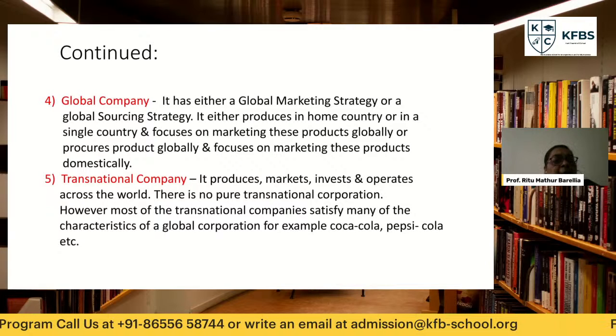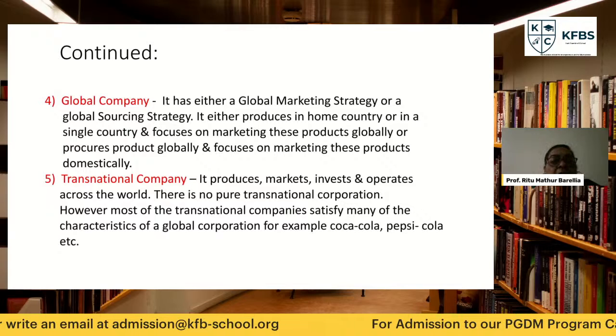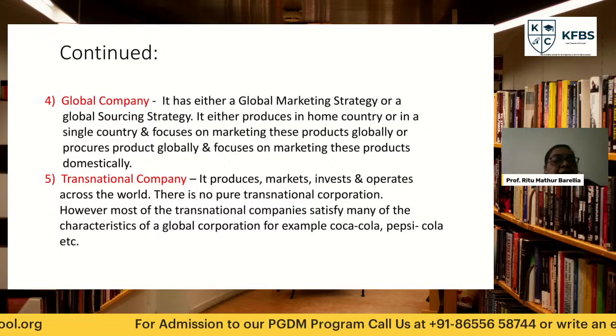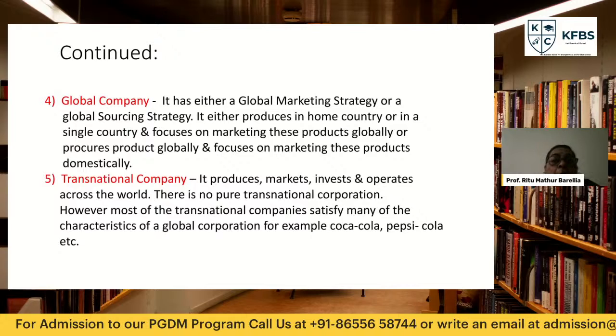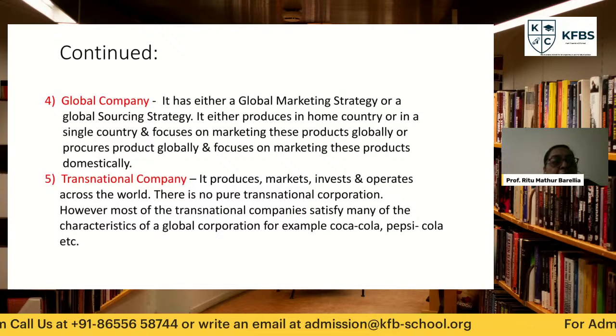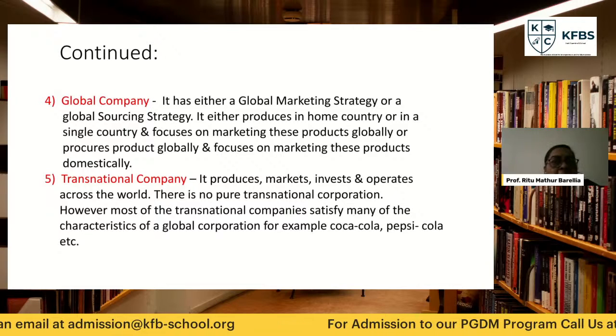The next type of company is a global company which has either a global marketing strategy or a global sourcing strategy. Now, when we talk about global marketing strategy, it is manufacturing in one company and marketing it globally.